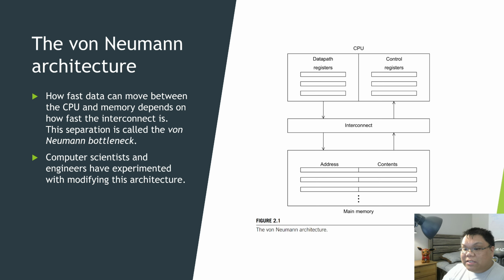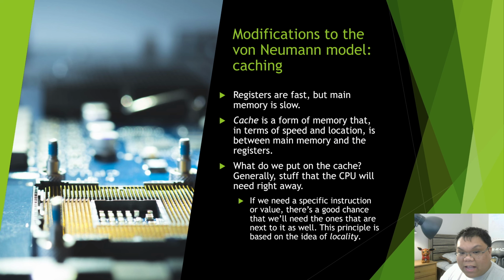So yeah, the CPU is generally operating faster than main memory. So if the speed at which we read from memory is a bottleneck, can we do something about that? And the answer is yes.